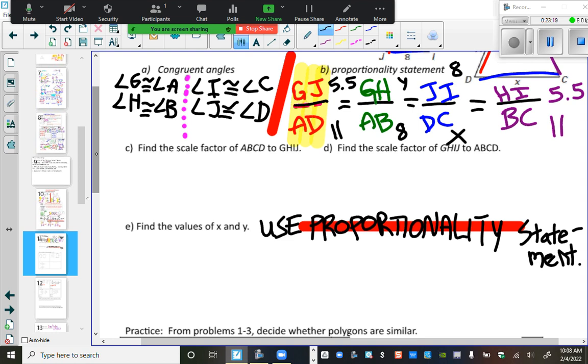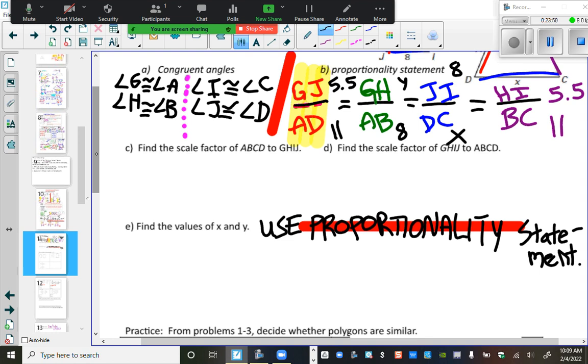You have to look at top and bottom. Look at top, look at bottom. Who's got numbers both top and bottom? What I've highlighted, that's one hint. Okay, let me rephrase. GJ over AD.